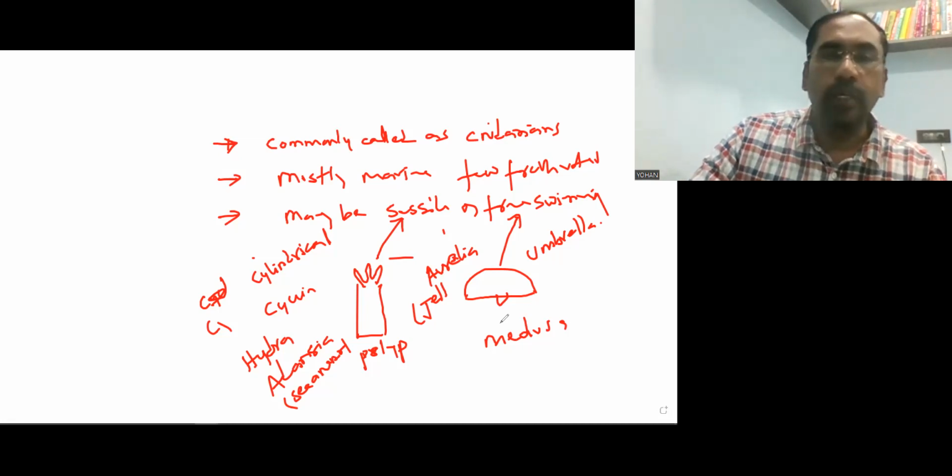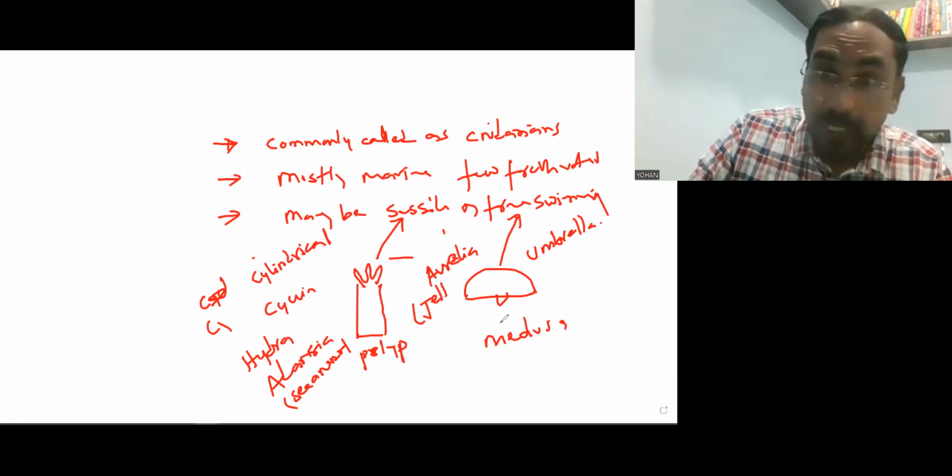First point, they are commonly called cnidarians. Number two, mostly marine, few freshwater. Maybe sessile or free swimming.